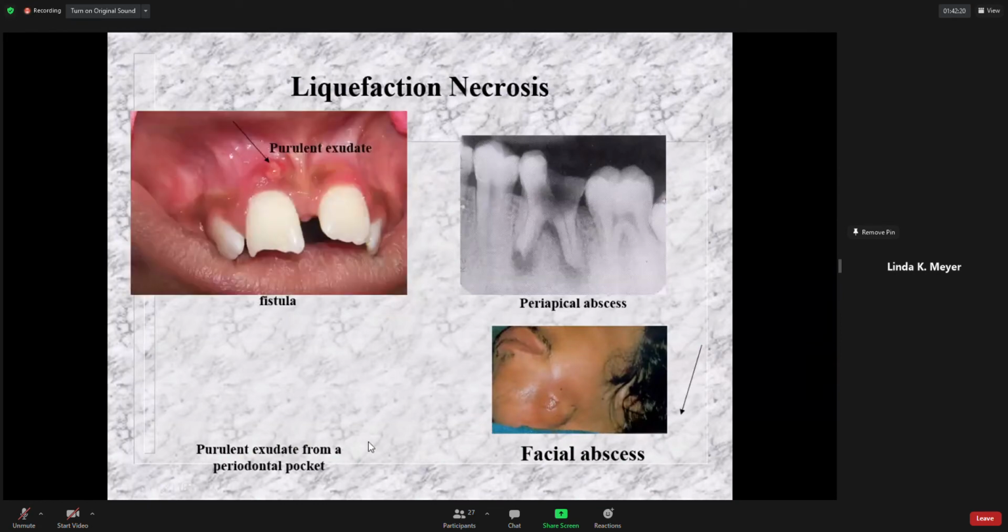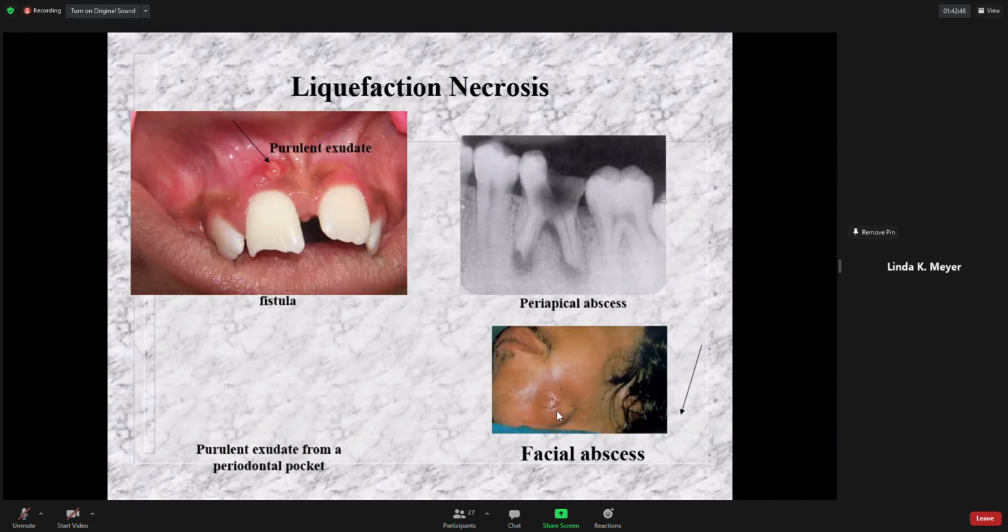In the oral cavity, the pulp there can have an intrapulpal abscess that we can't see on an x-ray, but we can get abscesses at the apex. They can spread, they can travel through a fistulous channel out to the surface. Here we can see the pus there.